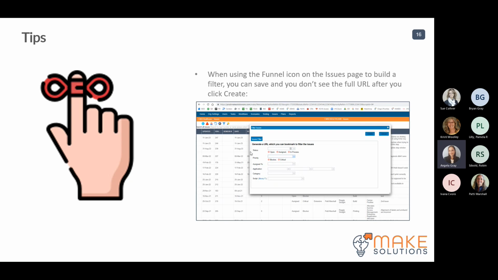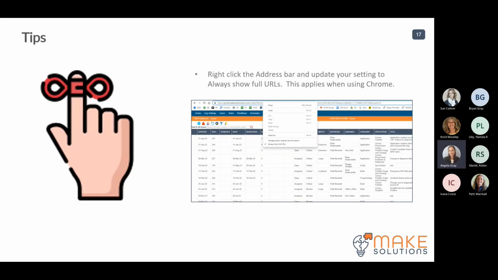From that page, you're able to select whatever options you're interested in looking at from an issue perspective. What some people were encountering is that if it didn't show the entirety of their address in the address bar, it wasn't saving properly.